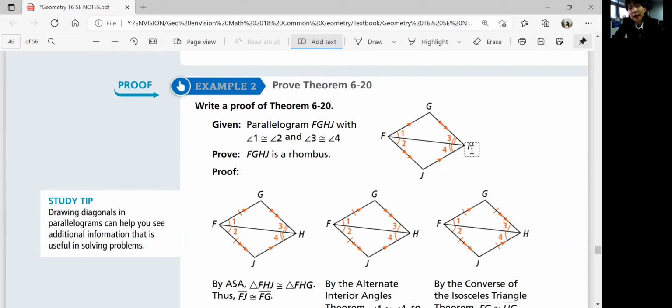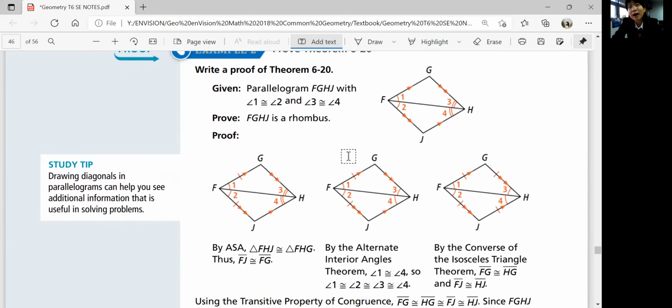Basically, this one diagonal bisects the angles, right? So first, by ASA, we can say that the triangles FHJ and FHG are congruent, okay, because FH by reflexive property is congruent to itself. So angle, side, angle over here, angle, side, angle.